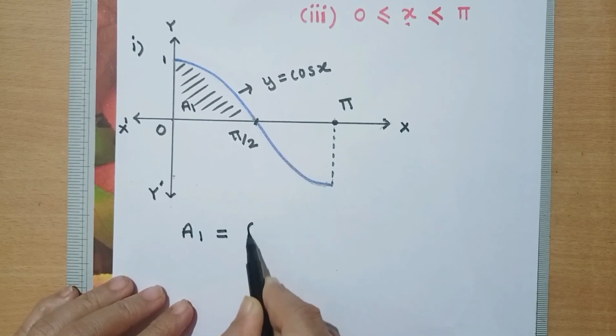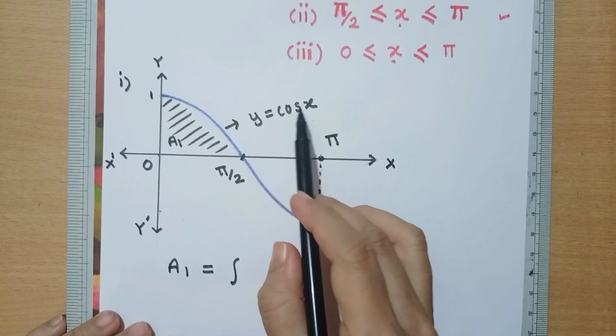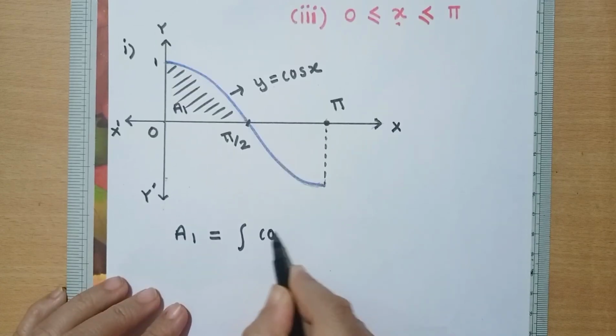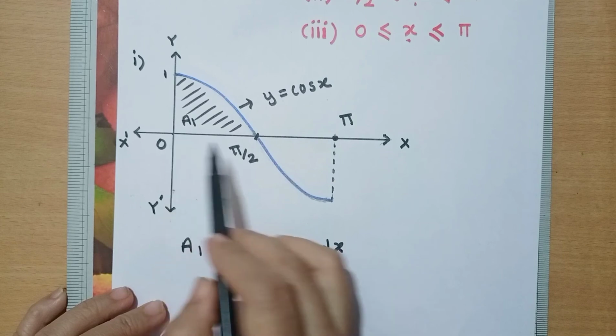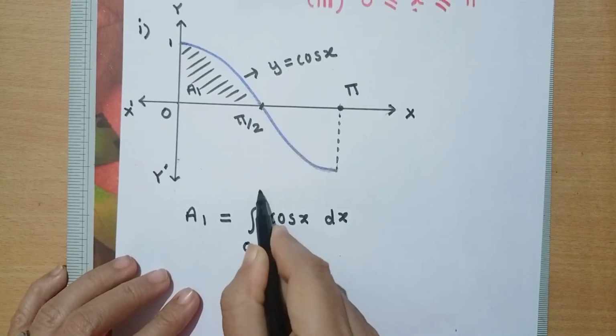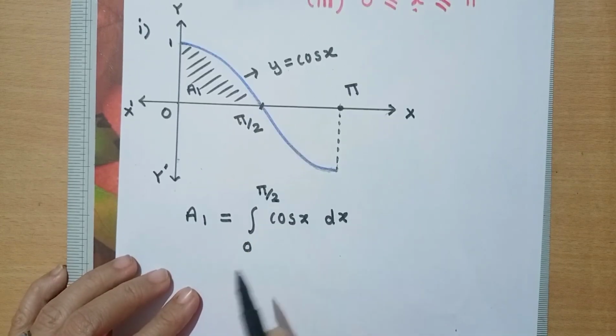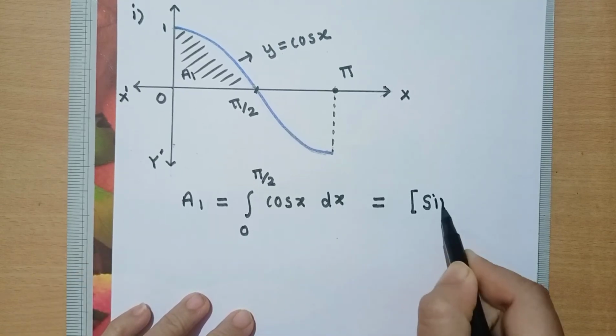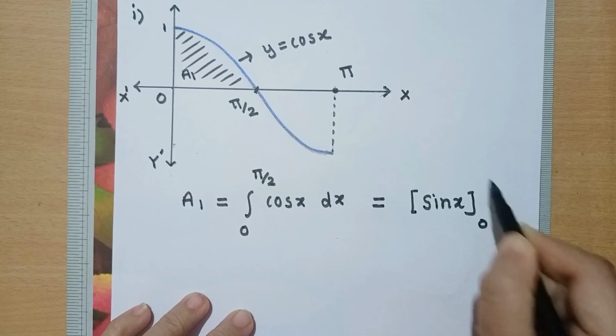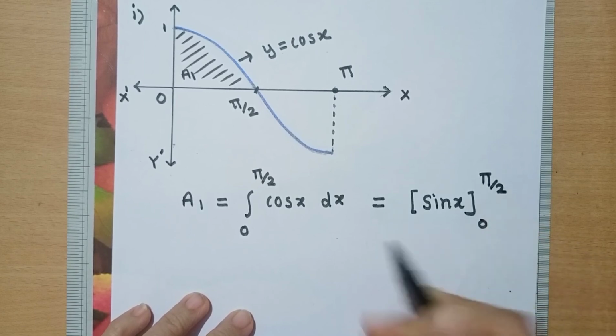A1 is equal to the integration of this function, cos of x dx, with limits from 0 to pi by 2. The integration of cos x is sin x, so write it in the box bracket with limits from 0 to pi by 2.